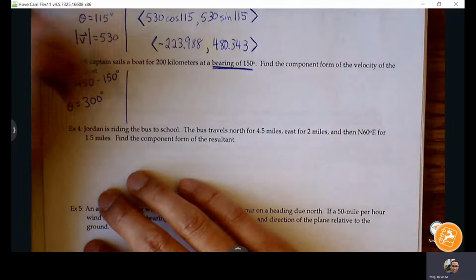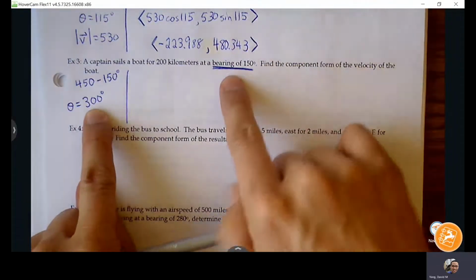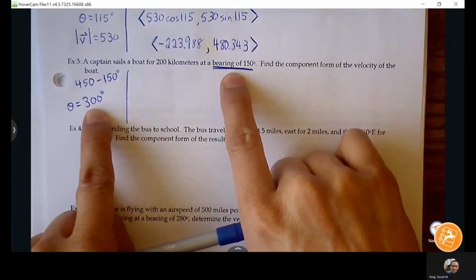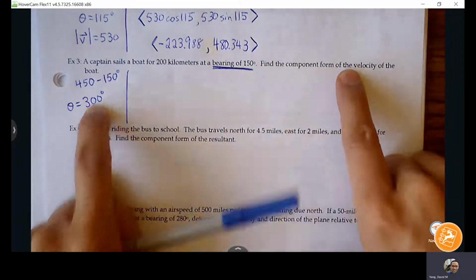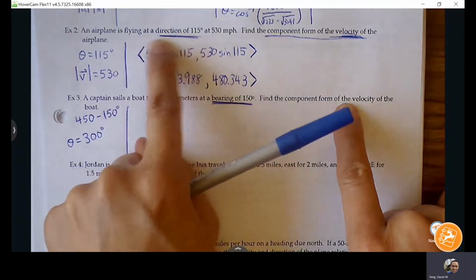So this is the standard position degree that we really want. Okay, from here it's easy. Now it just feels like number 2.